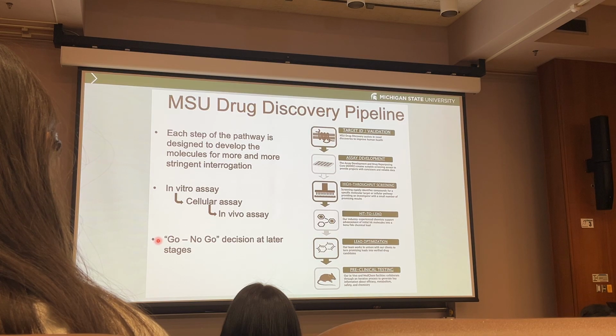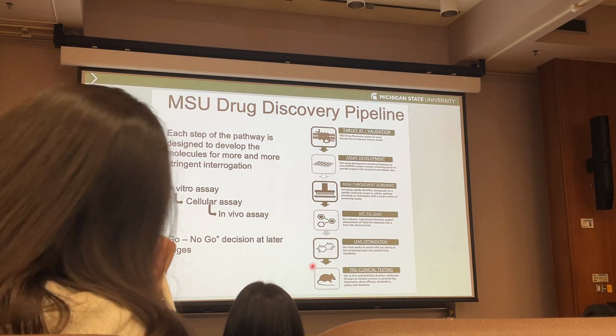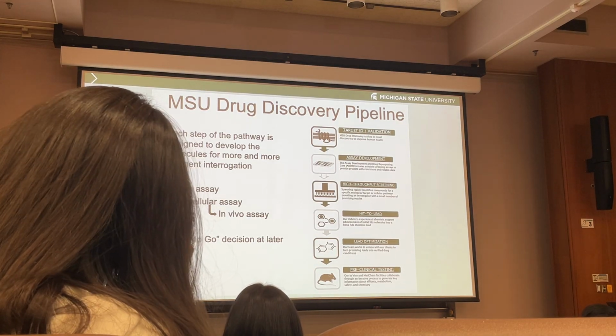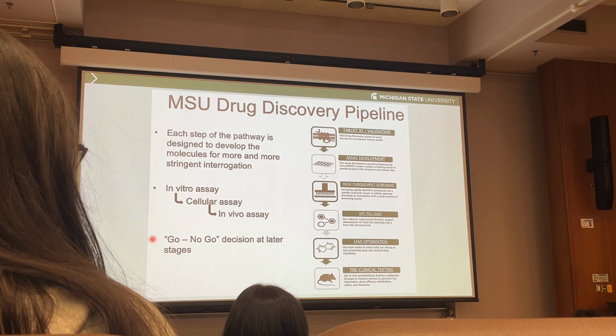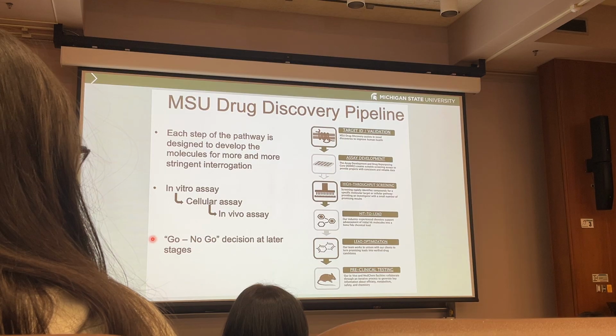So, the last thing, but a very important step here is, especially in these last couple of stages, you have go, no-go decisions, they're called. And this is when you have to pull the plug on, decide whether or not your data is fit enough to continue to advance, or if you want to stop investing in it.